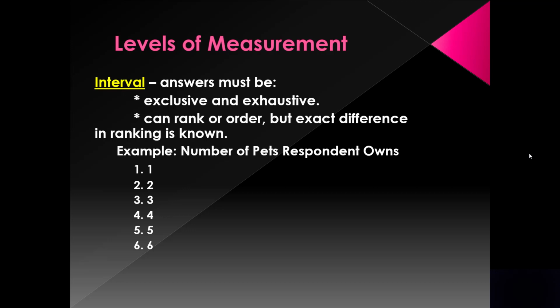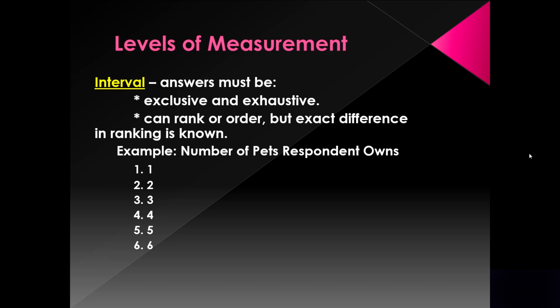Each of these answers has a numeric value in front of it, and you absolutely know the exact difference between any two of these answers. If somebody asks me how many pets I own and I say 2, and the next person they ask says 5, you know the exact difference is 3. That's the difference between interval and ordinal. Interval is really easy to identify.